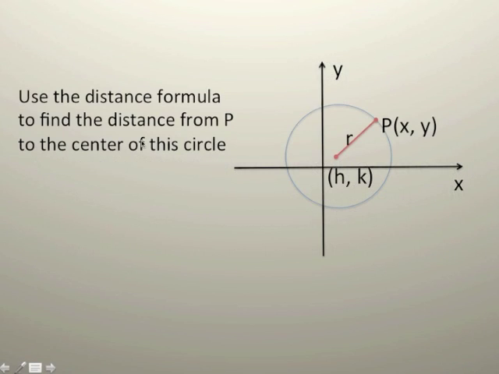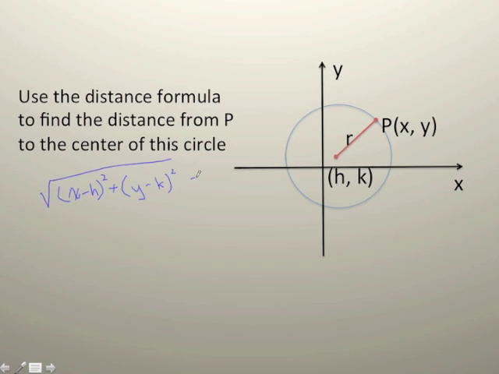Using the distance formula, we call our center h, k, and the point out here x, y. To find that radius, or distance, we take x minus h, the quantity squared, plus y minus k, the quantity squared.